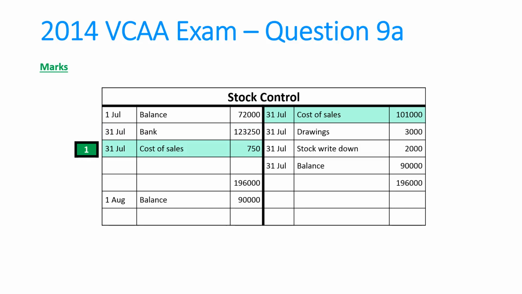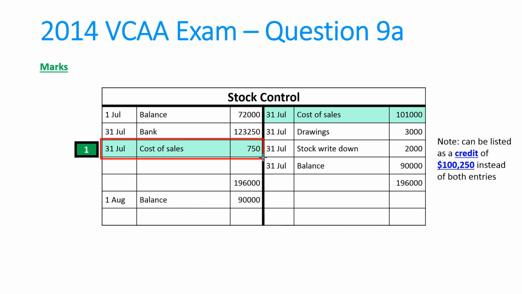And just on that, we noted that the cost of sales figure given was $100,250. You might actually just like to use that number because that number already had this $750 deducted from it. So technically, if you just leave this entry of the debit of $750 and just put in a credit of $100,250, that'll be fine.